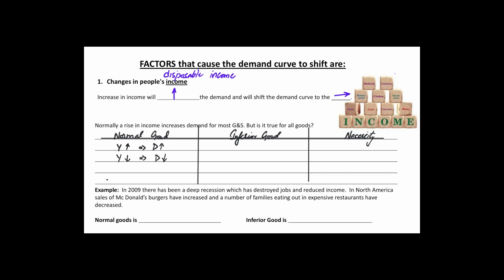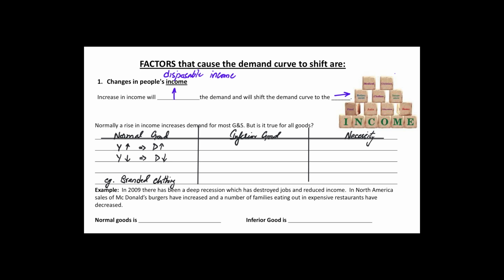Now, it could be like branded clothing or some really expensive luxury based restaurants or something like that, or a really fancy phone like an iPhone or Note in Samsung. Do you understand that? It has a direct relationship with income. Income goes up, you buy more. Income goes down, you can't afford it, you demand less of it. Shifts over the right and to the left.